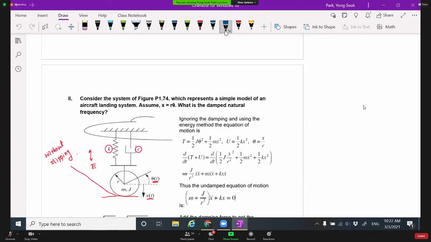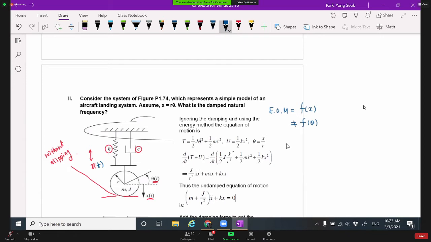Our goal is we need to set up the equations of motion for x of t. Again, my equation of motion has to be a function of x, not a function of theta.